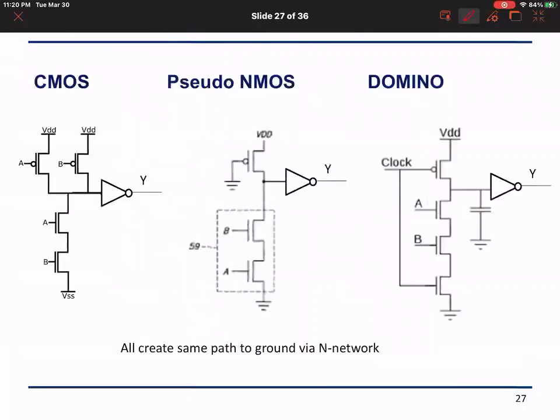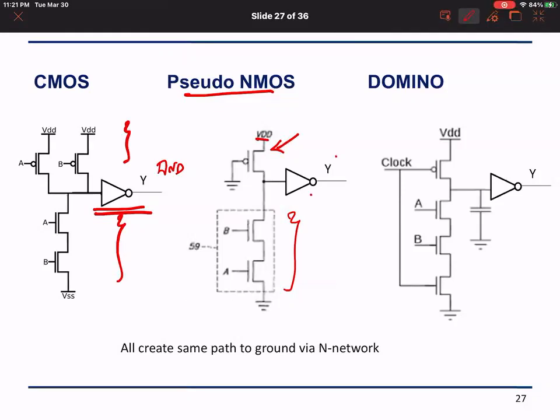Okay. So therefore, we have 3 types of logic that we can implement. The CMOS, where I have a pull-down and a pull-up network. We need an inverter to perform an AND function in this example. The pseudo-NMOS, where we only maintain the pull-down network, and we place a keeper, or a weak pull-up device.